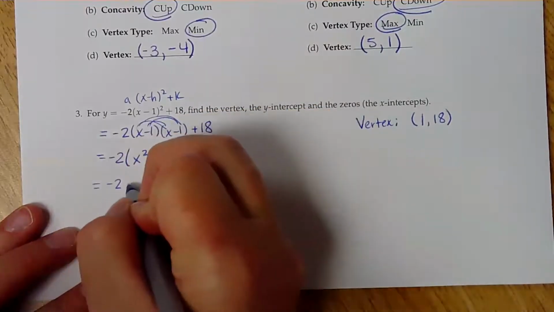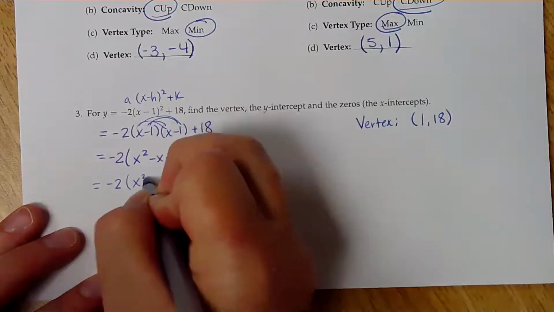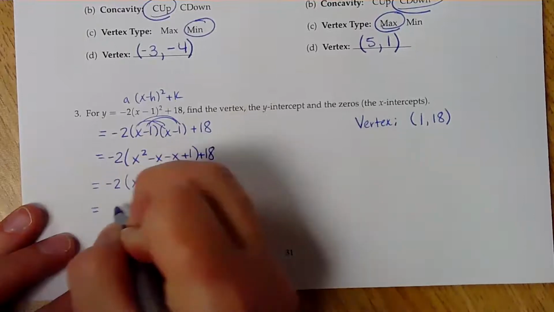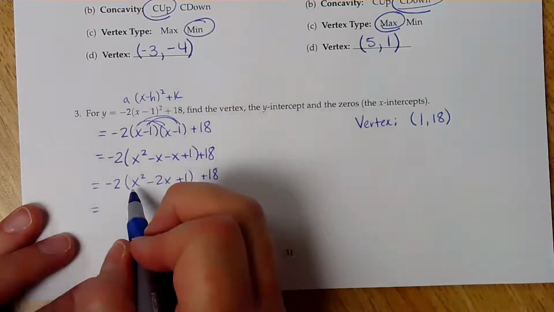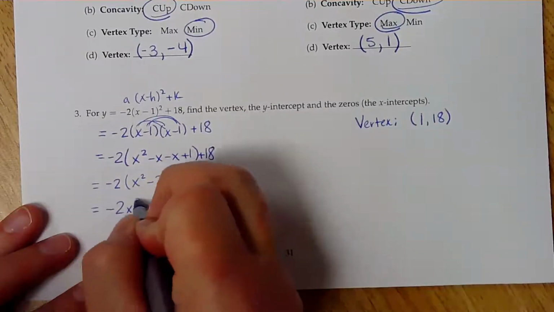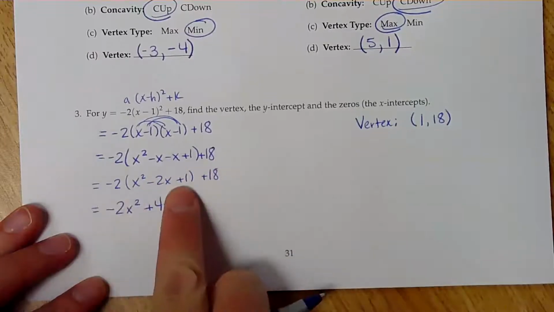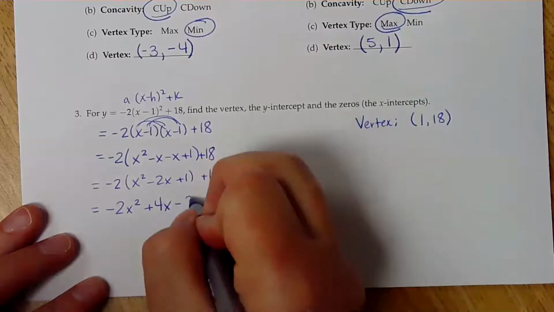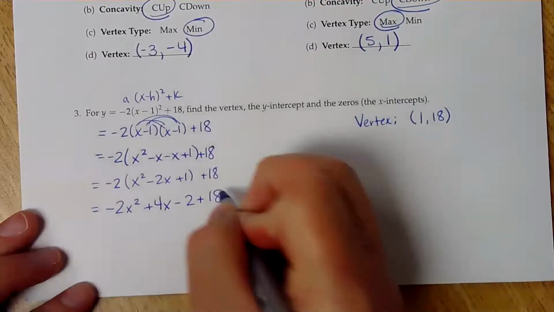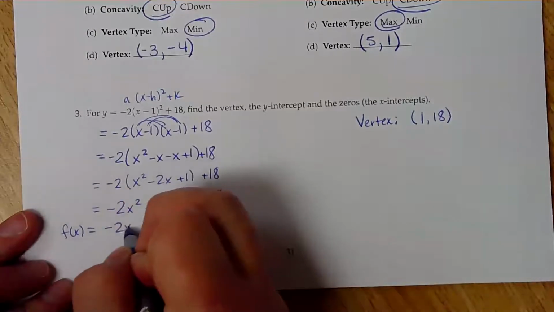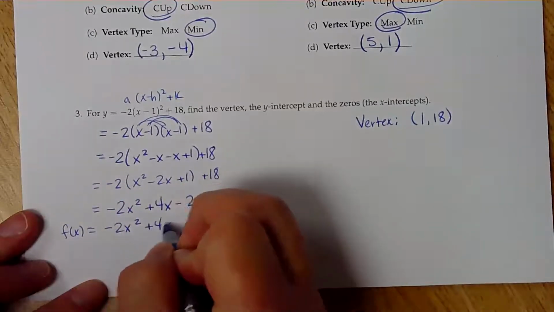So -2 times (x squared minus 2x plus 1) plus 18, and I'll distribute this -2 in here. So I have -2x squared plus 4x, and then -2 times plus 1 is -2, plus 18. And one last step, so f of x is -2x squared plus 4x plus 16.